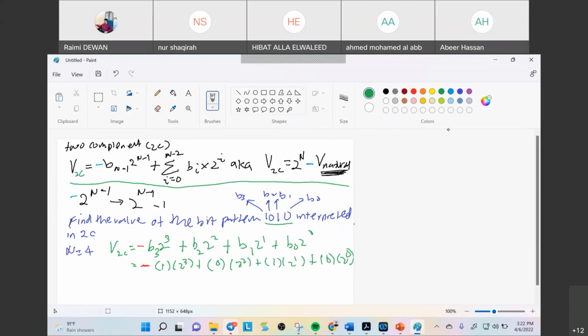So this one, you know, is 0, and this one is 0. The final answer is negative 8 plus 2. Everyone, kindergarten, what is negative 8 plus 2? Don't tell me you don't know. If you don't know, I ask you to go to semester 1 again. Negative 8 plus 2 is negative 6. Easy, right?